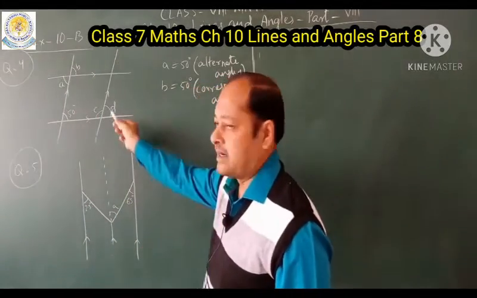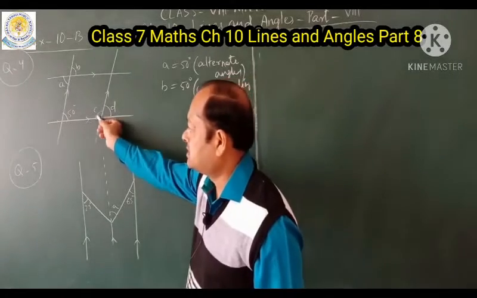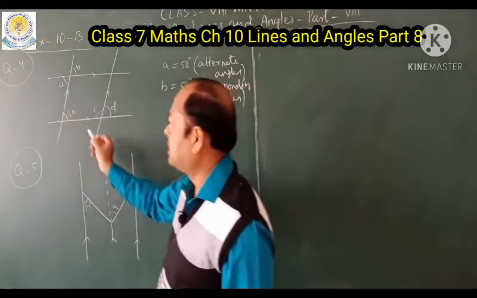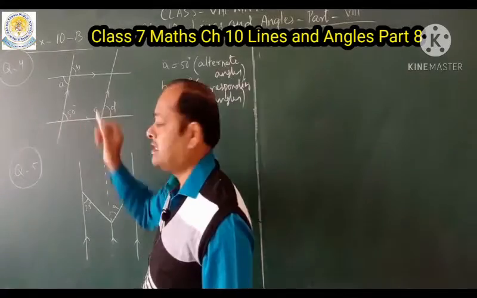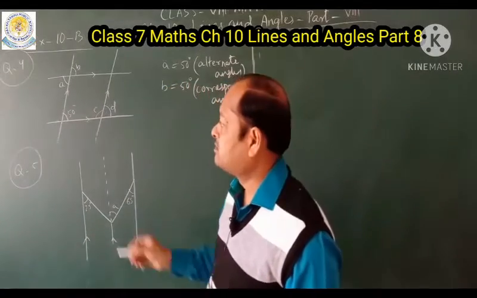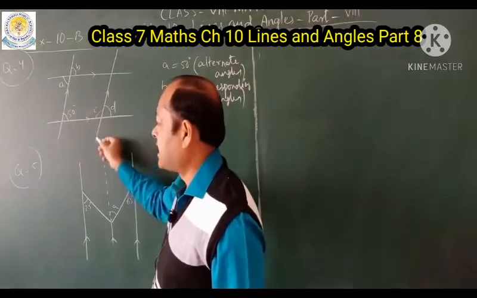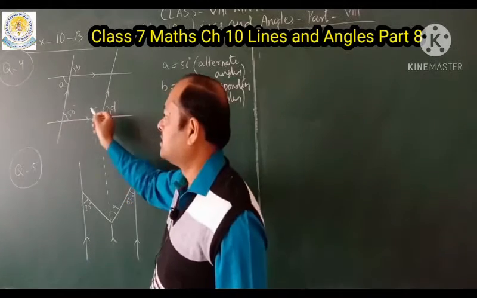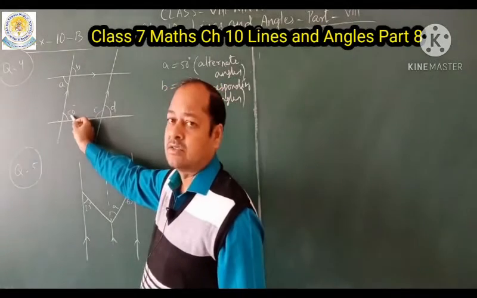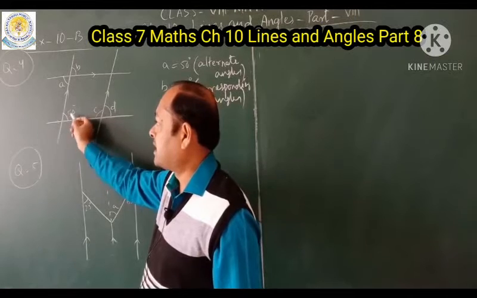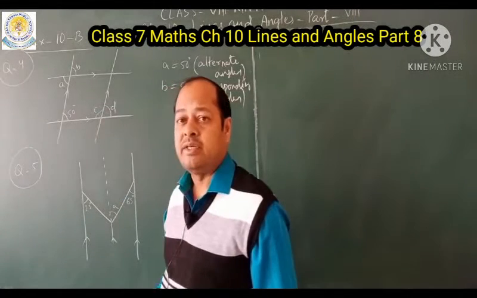Now look at this side. Here we have to find out the C and D values. Similarly, here 50 and C are co-interior angles, because these are parallel lines and this is the transversal line, and on the same side inside the parallel lines, 50 plus C are co-interior angles.